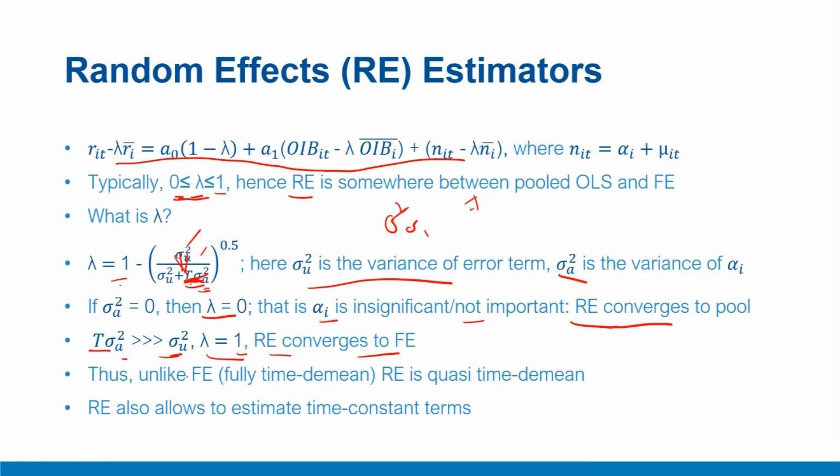Also, we noted that unlike fixed effect, which is called fully time demean, random effect is sort of quasi time demean. So we are time demeaning, but not with a factor of 1, but something which is less than 1 but greater than 0. Another advantage of random effect is that it allows us to estimate the time constant term, for example, alpha naught into 1 minus lambda. That is one great advantage of this method.